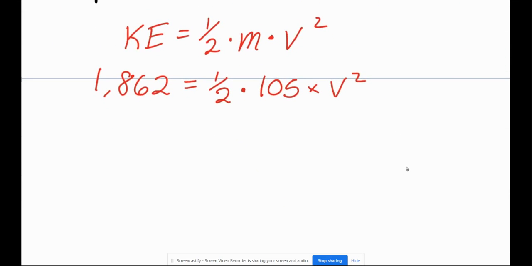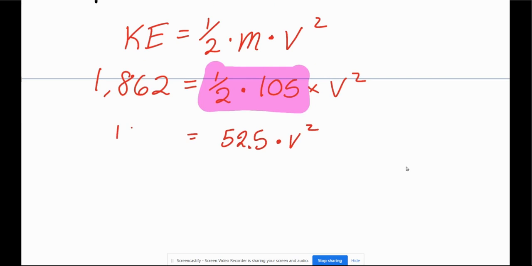We'll zoom in on this. All right. Most students make the fewest math mistakes if they multiply this out first. So 105 divided by 2 or times 0.5 is 52.5. And then the opposite of multiplication is division.